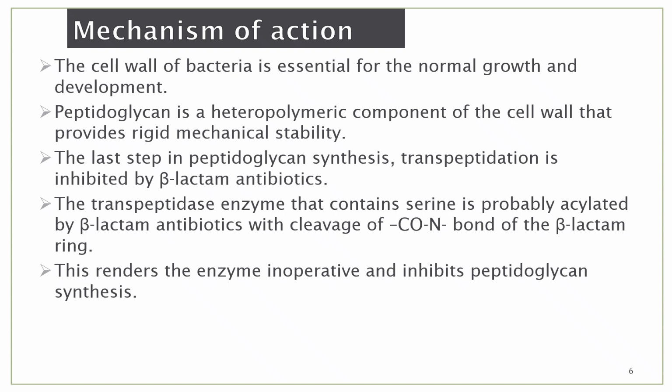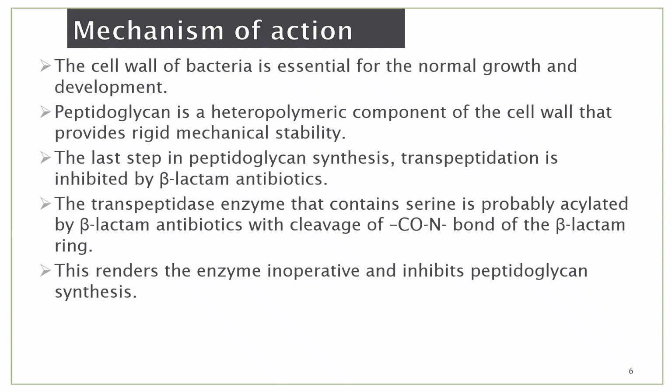Actually, this peptidoglycan is also known as murein. Peptidoglycan is a polymer consisting of sugars and amino acids that form a mesh-like layer. This mesh-like layer is present outside the plasma membrane of most bacteria, which forms the cell wall.